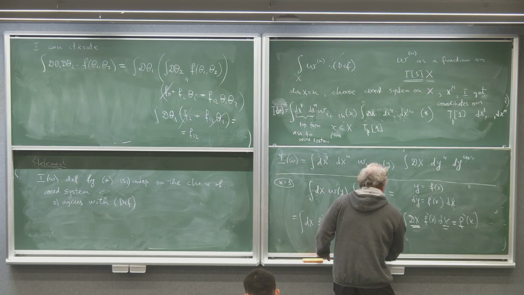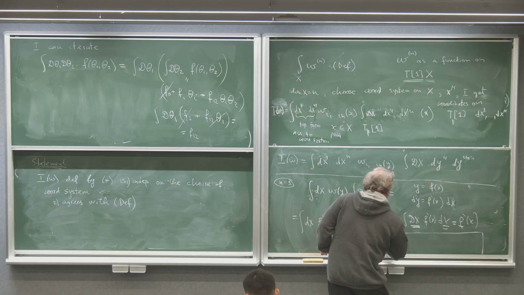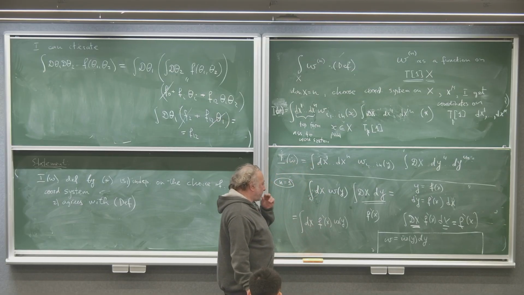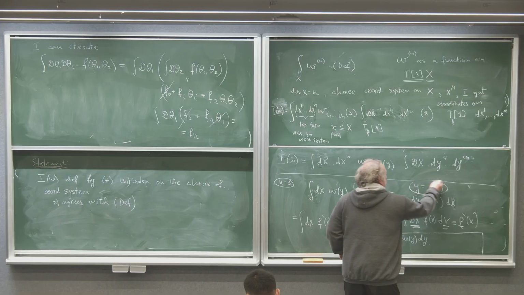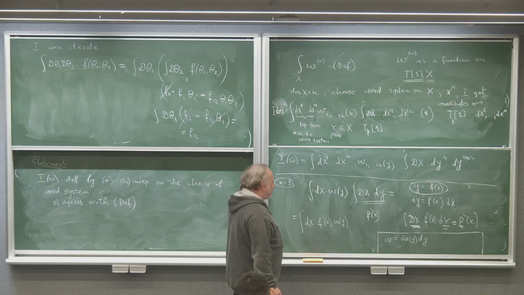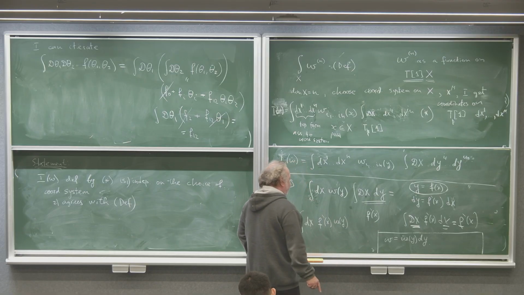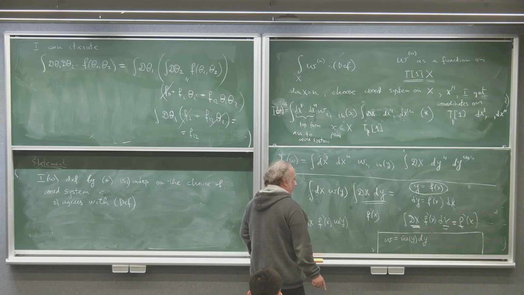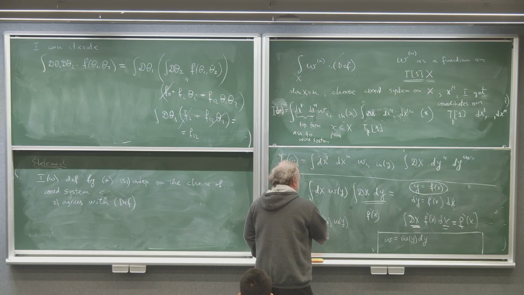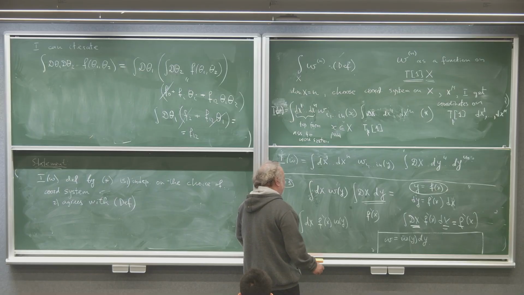Let me remind you that omega was omega of y dy. And y was f of x. Now, what can I do? So this is the component, and this is f prime of x. F prime depends on x.